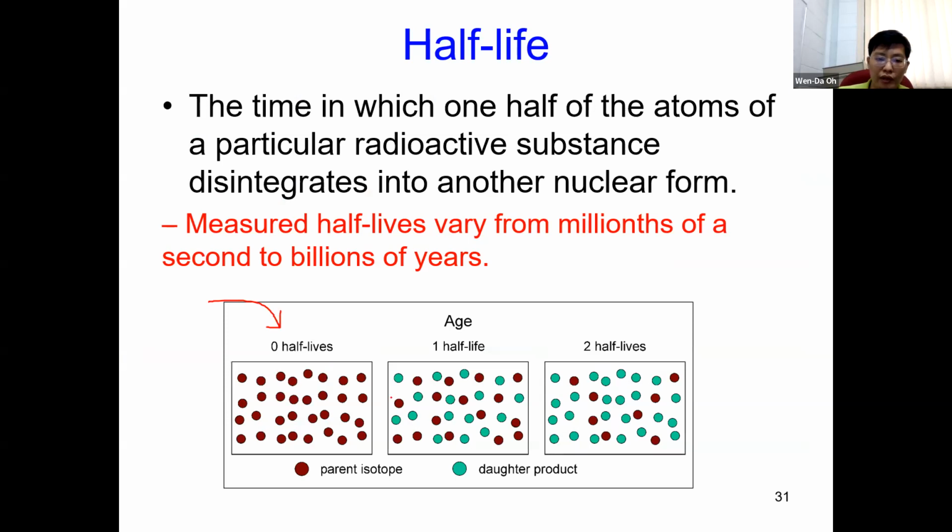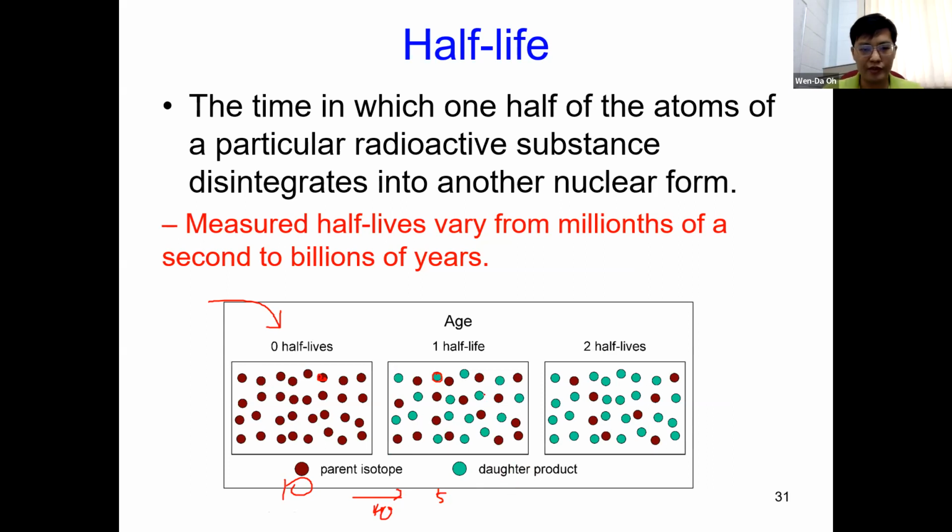The time taken for half of this brown cup to become the greenish one will be what we call the half-life. So for example, if you start off with 10 and after 10 minutes it becomes 5, then the half-life is 10 minutes. If it takes 2 years, then the half-life is 2 years.